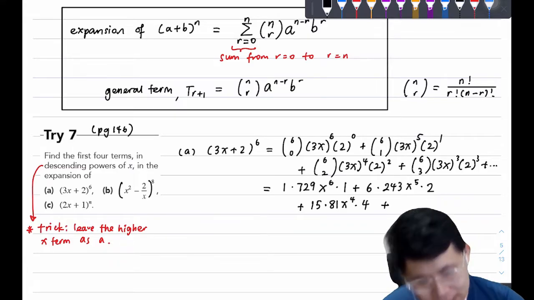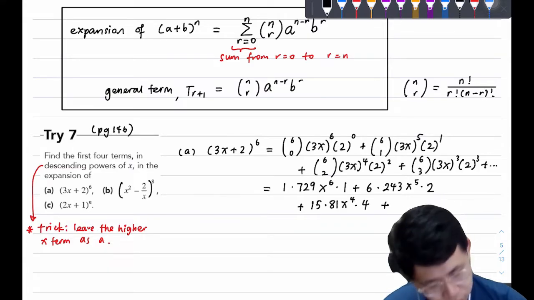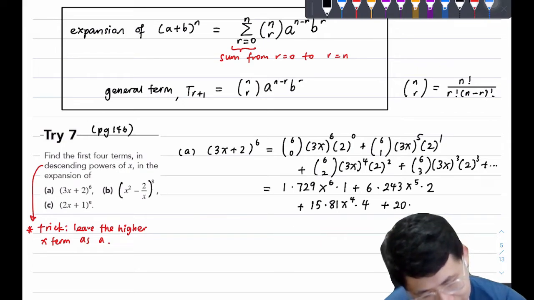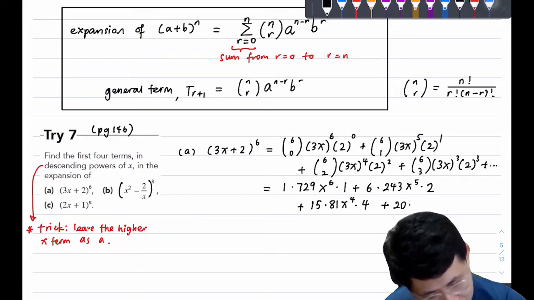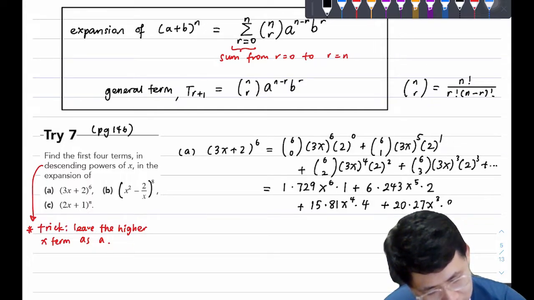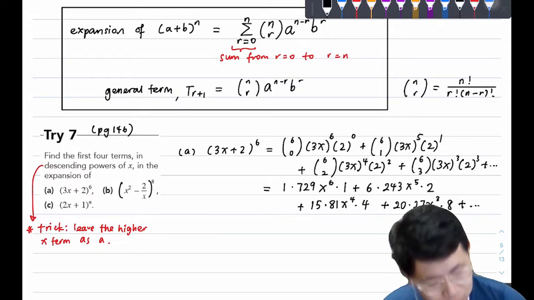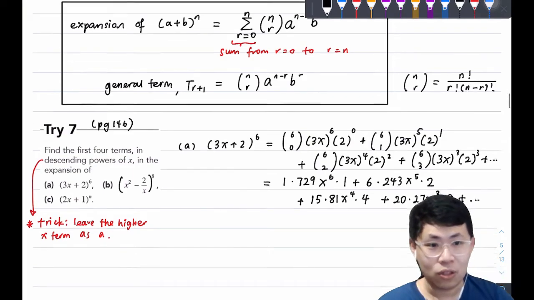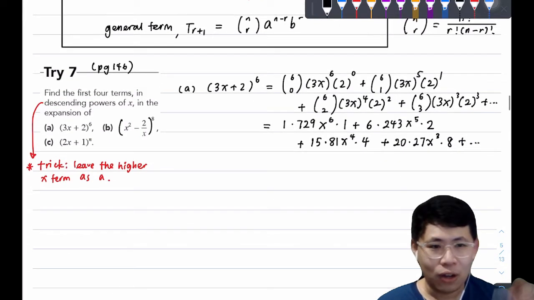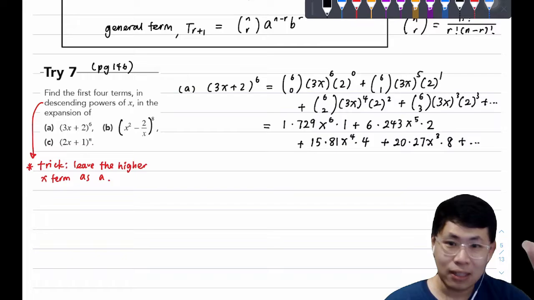Last one, plus 6 choose 3. 6 choose 3 is 20 times 3 cube. 3 cube is 27. Then we have x cube times 2 cube, so times 8. Plus dot dot dot, because it's ongoing; we didn't expand the full thing, there's more.